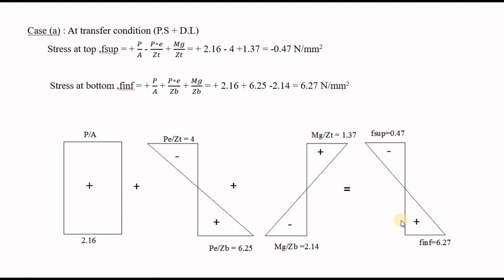So whatever resultant stress distribution I have written is correct. For the top it is minus 0.47, for the bottom it's plus 6.27. So these are the variations for the first case, that is the transfer condition. Here live load won't be there.